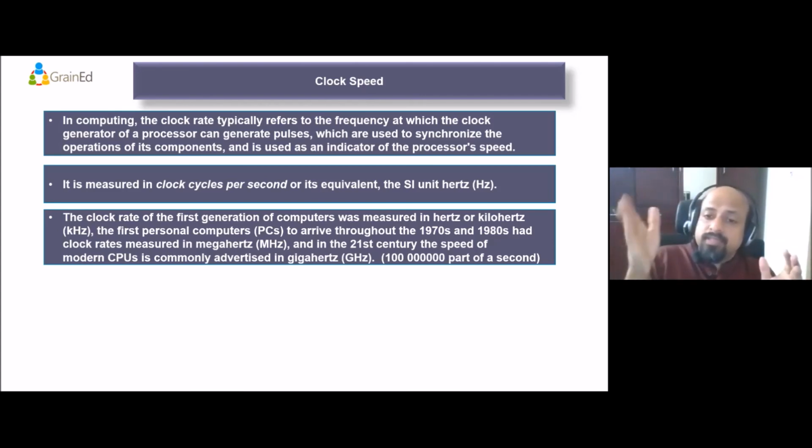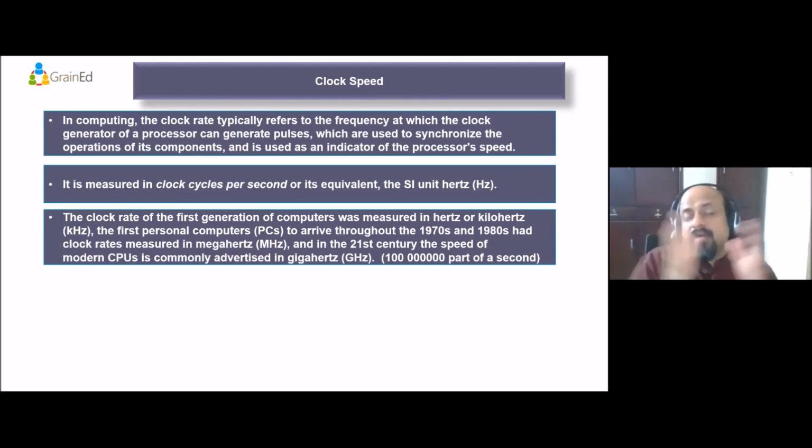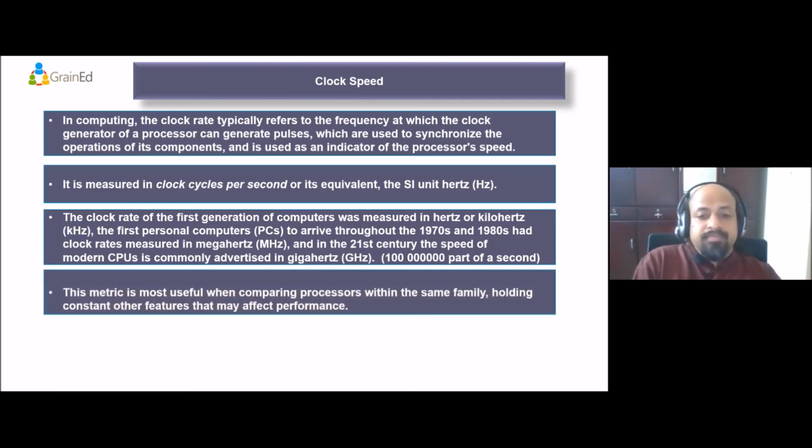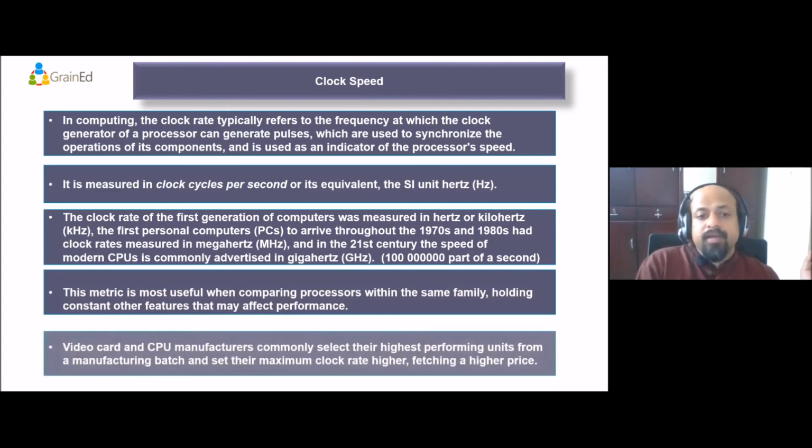This is one billionth of a second. That is the kind of speed comparison between 50 years back and today, if you compare the clock speeds. So these are some comparisons. I think we are done.